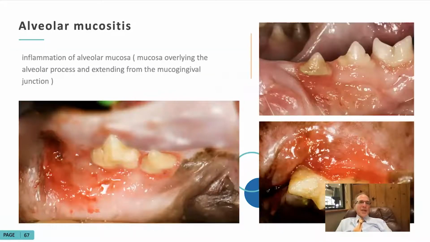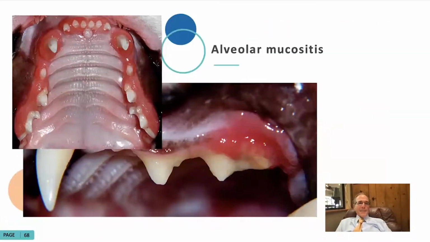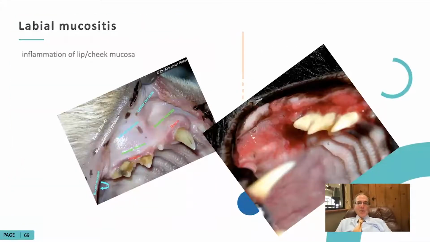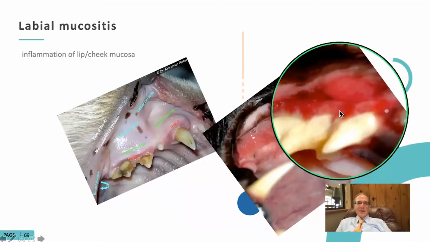This inflammation is called alveolar mucositis. It's inflammation of the alveolar mucosa, which overlies the alveolar process, and extends from the mucogingival junction. Labial mucosa is right underneath the lips and the cheek mucosa. You can see how that is inflamed in this area.